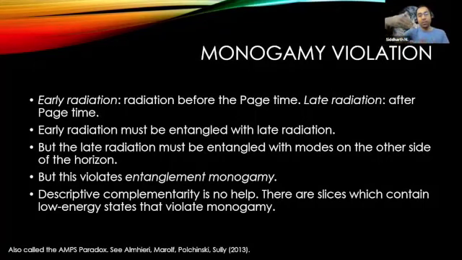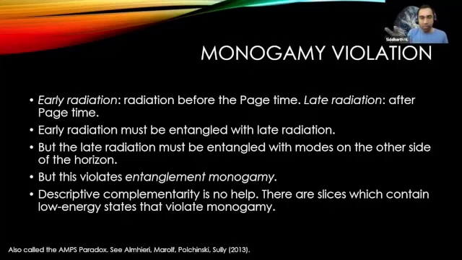late radiation has to be entangled with modes across the horizon. So it seems like the late radiation is highly entangled both with the early radiation and with modes across the horizon. And this seems to be a straightforward violation of entanglement monogamy, which says that no single quantum system can be highly entangled with two different quantum systems.